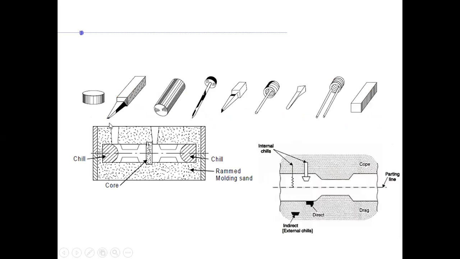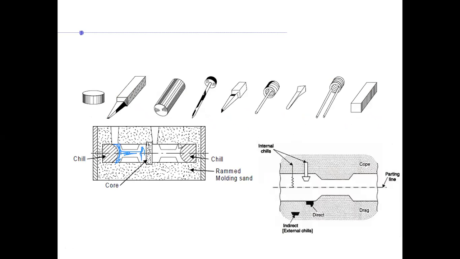You see all the types of chills that we have. You see, this is one chill. This is your core part, and this is where the molten metal will flow in, right? On that white, what you're seeing, all these will be filled with molten metal, right? So to be able to harden this part of the casting, you're providing chills.